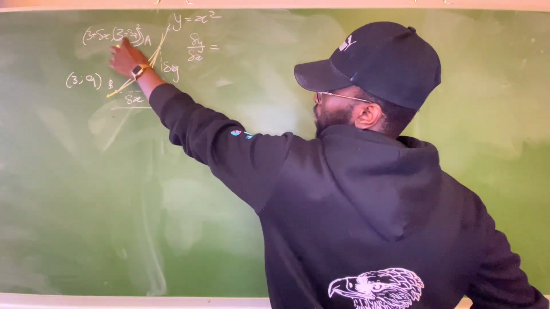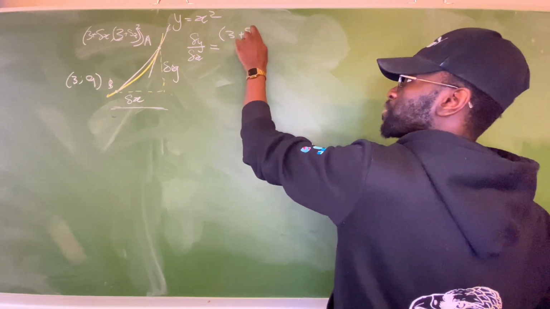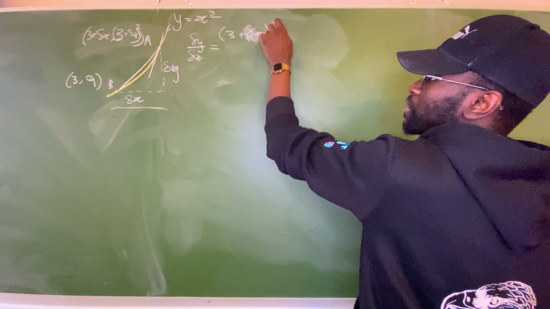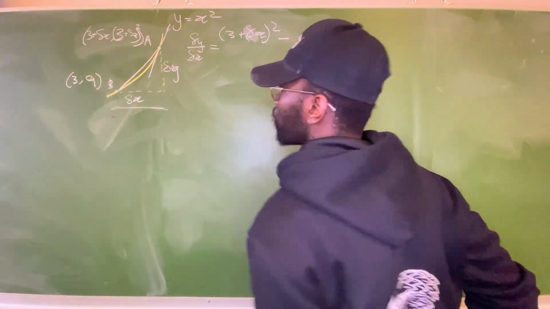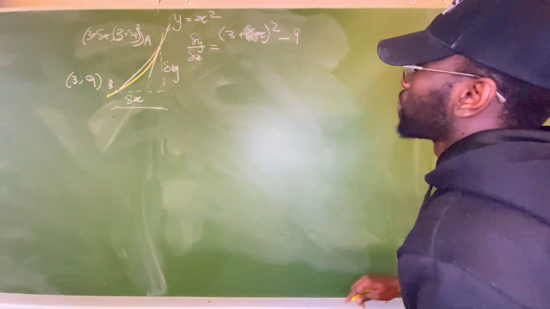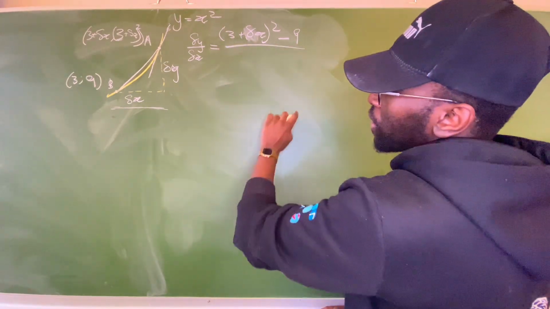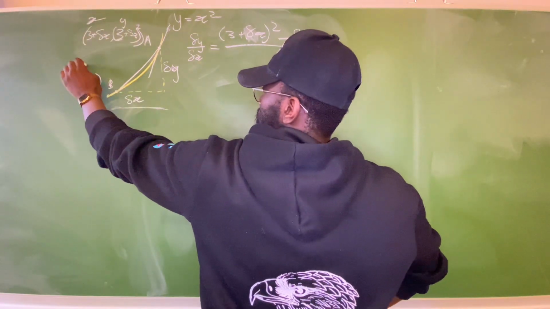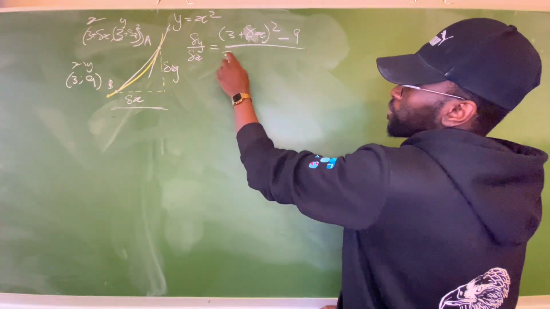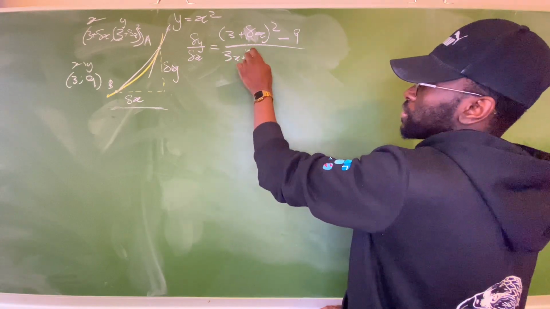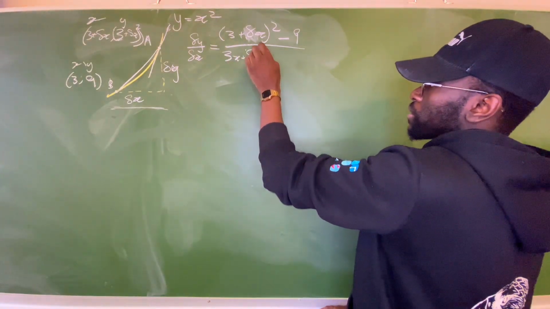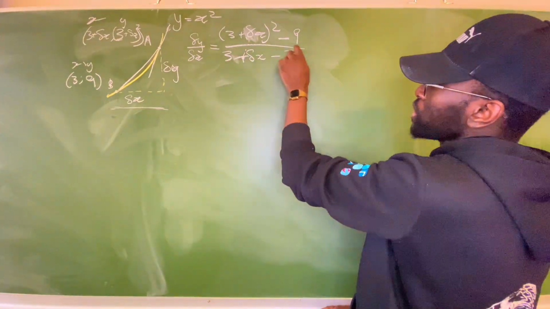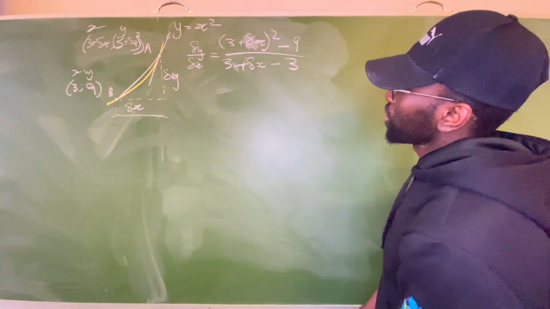Change in y: our y value of A, 3 plus delta x squared, minus the y value of B, which is 9, over the x value of A, 3 plus delta x, minus the x value of B, which is 3.